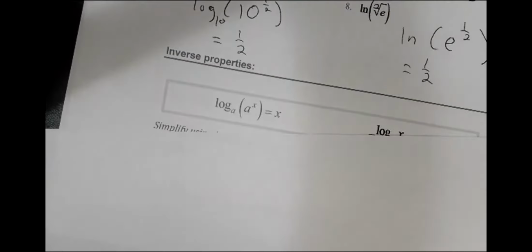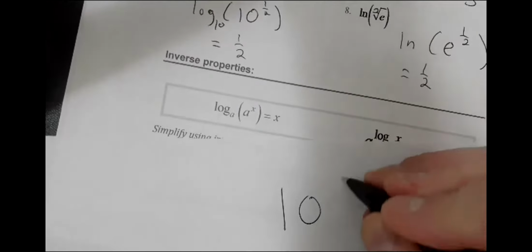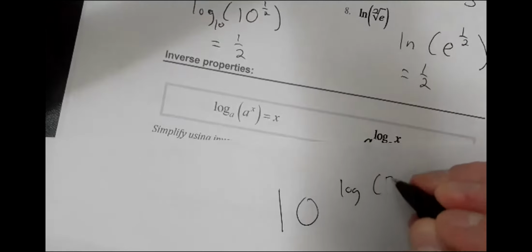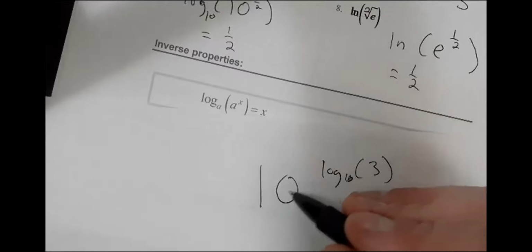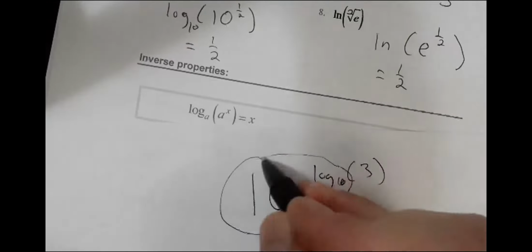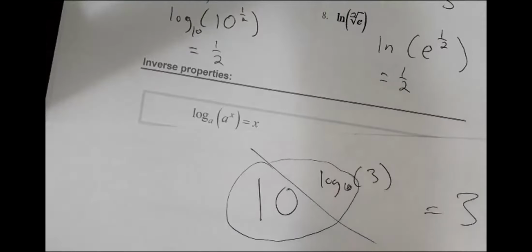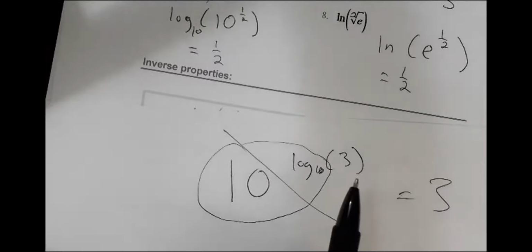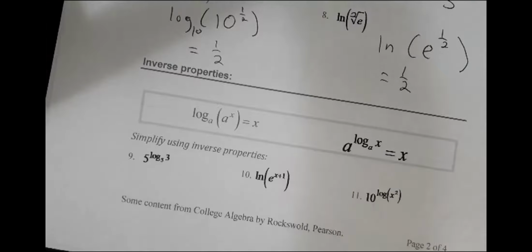The other way looks a little bit weirder. If I have 10 to the log of something, I know log base 10 and 10 to the something being exponentiated are inverse functions. So they are going to inverse themselves, and it will give me back whatever is getting plugged into my log up here. That's how they look with base 10.